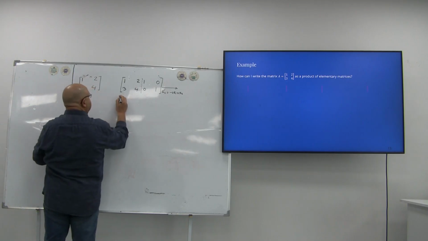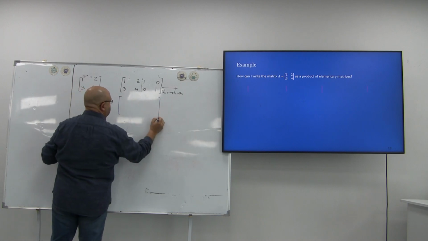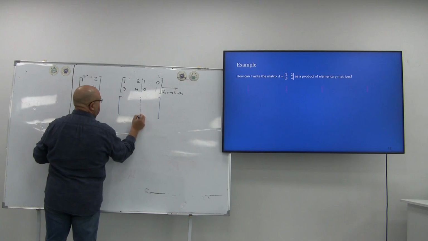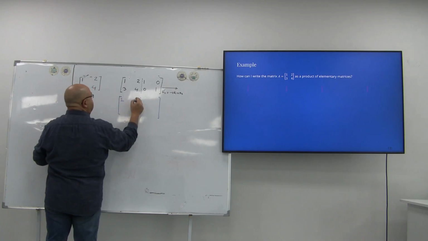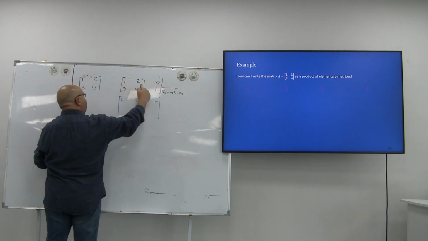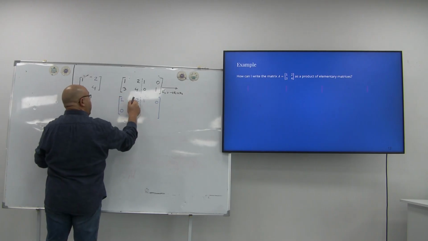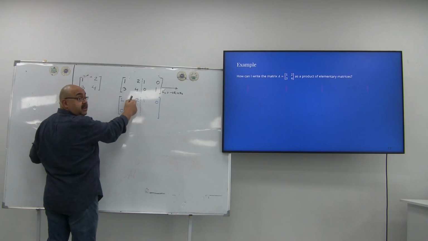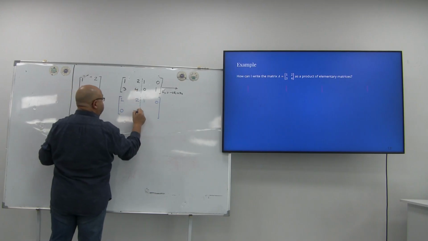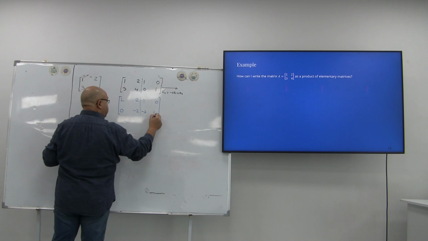Once we do this, the result will be: the first row will stay as it is, so it's 1, 2, 1, and 0. Multiplying the first row by -3 and adding it to the second row, let's do it together. -3 plus 3 is 0. -3 times 2 is -6, plus 4, so it's -2. -3 plus 0 is -3. -3 times 0 plus 1 is +1.